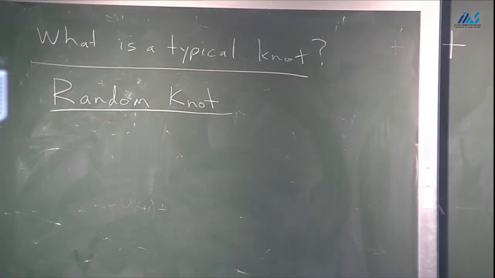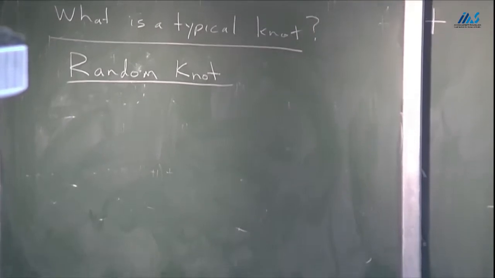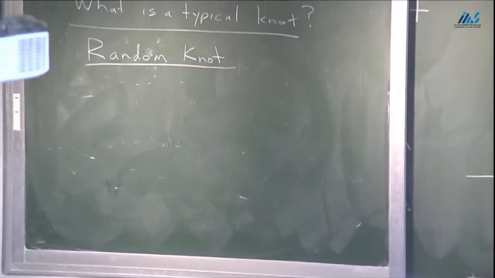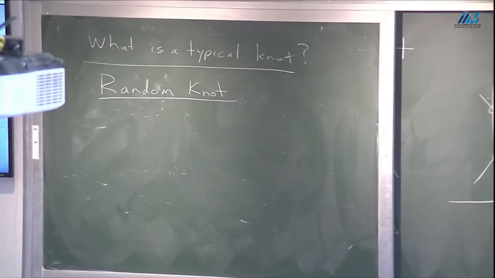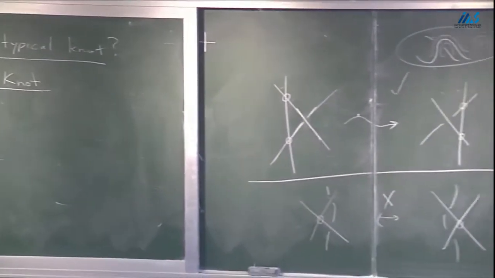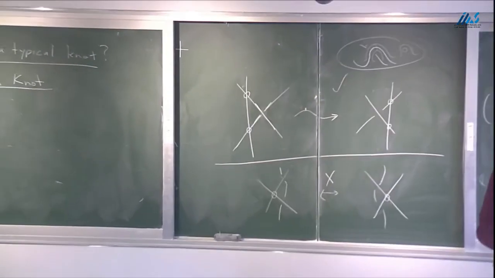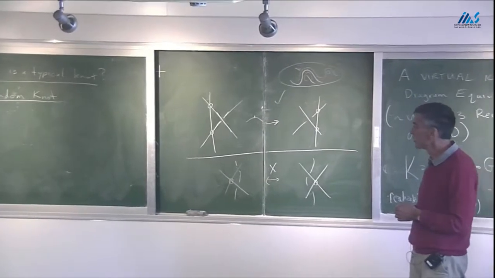Historically, people have either looked at knots with a small number of crossings, or they've looked at special classes of knots, like we looked at alternating knots. And I think I mentioned torus knots.